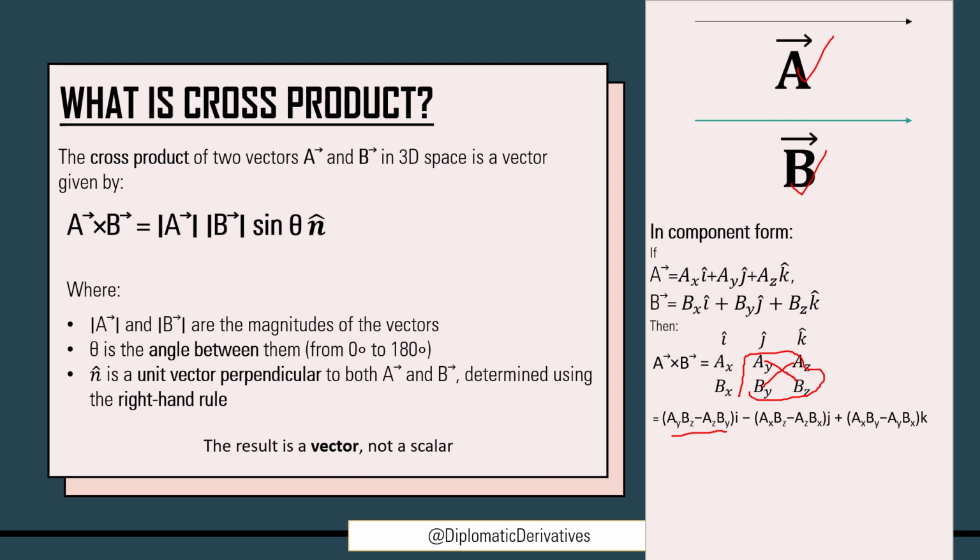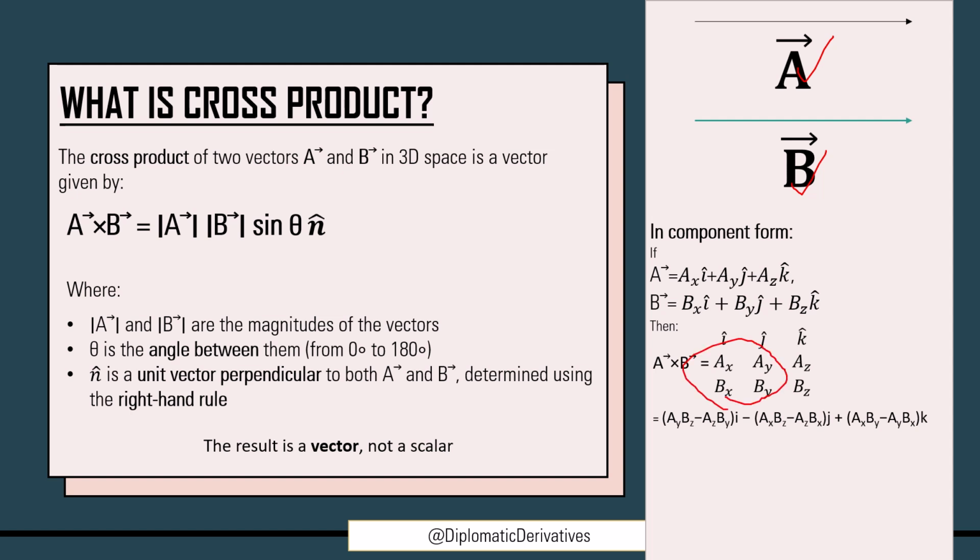Then in the middle one, with a minus sign, you use ax, bx and az, bz, so it's ax into bz minus az into bx, with j of course. The first one was with i, then with j, and then you use the next one, which is what is left. It's logical what's left, right? So you're going to have this one.